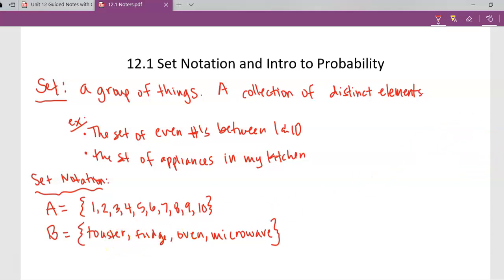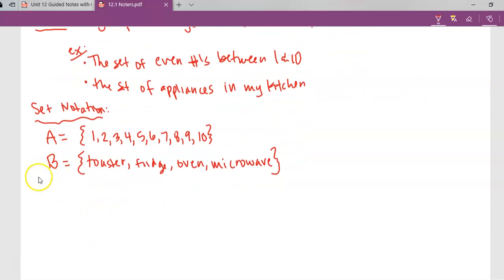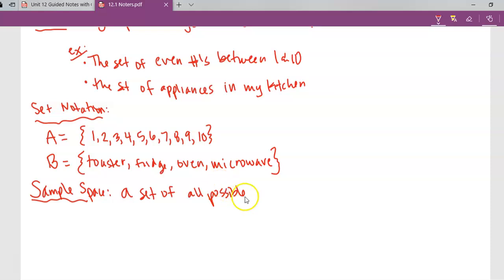A sample space is the set of all possible outcomes in a probability experiment. For example, if I were tossing a coin, the possible outcomes would be heads or tails.